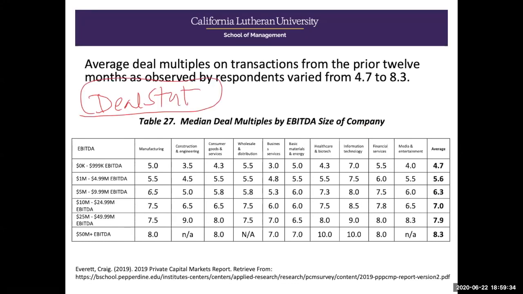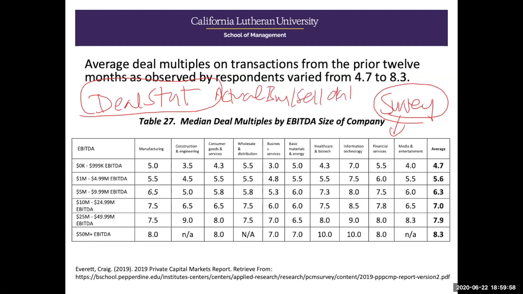So remember, Pepperdine University is a survey. This is based on owners and intermediaries and how they think the value is supposed to be. DealStat is actually the actual buying and selling data. So there are two different sets of data you're looking at.